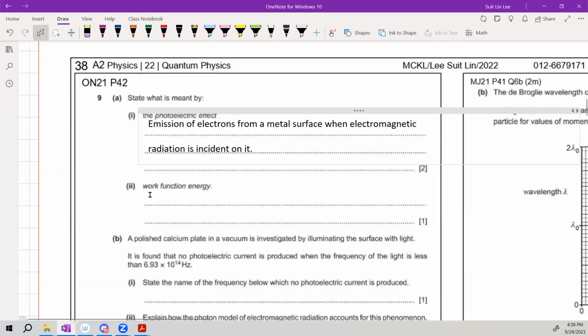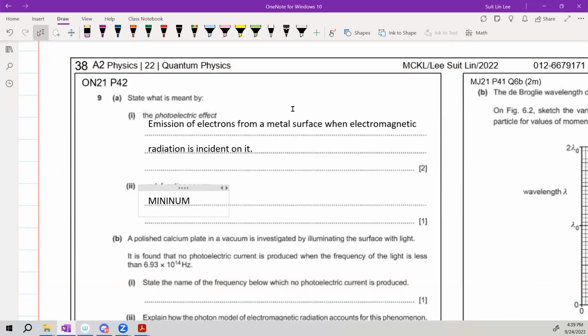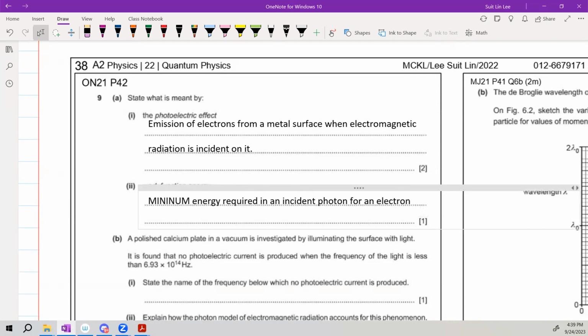Right. Define work function energy. This is the minimum energy required in an incident photon for an electron to escape the metal surface.